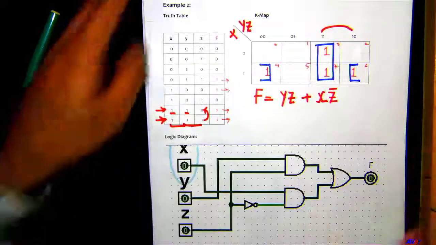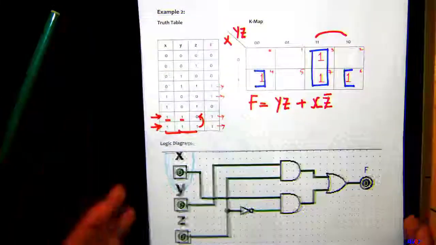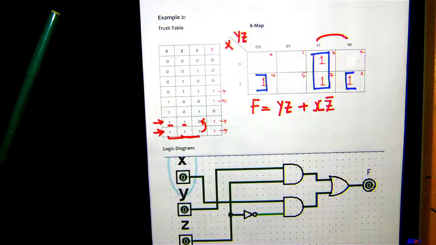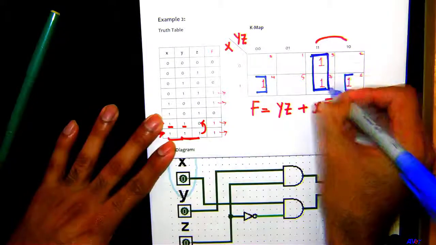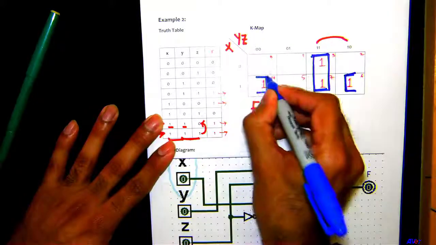The easiest way to avoid this glitch is through the use of the K-map. Now remember, whenever you have two adjacent rectangles and they are disjointed, there's going to be a glitch. Do we have two adjacent rectangles in this K-map? Notice this rectangle right here is adjacent to this rectangle, correct?